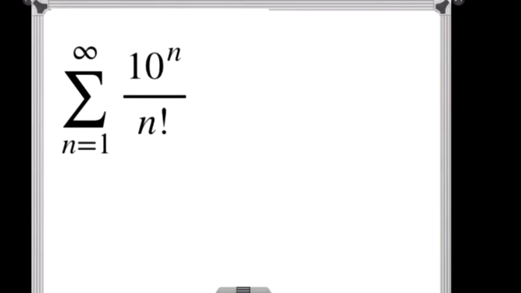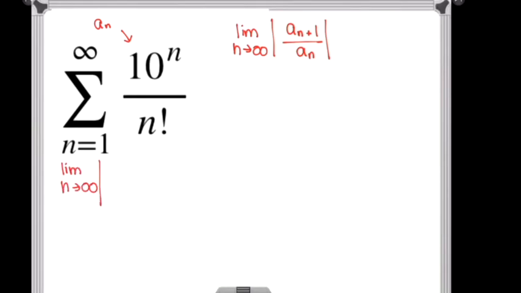So we are going to find the limit as n approaches infinity of the absolute value of a sub n plus 1 over a sub n. This guy currently is a sub n. Let's rewrite this problem by finding a sub n plus 1. And by the way, you guys are familiar with how to divide fractions.